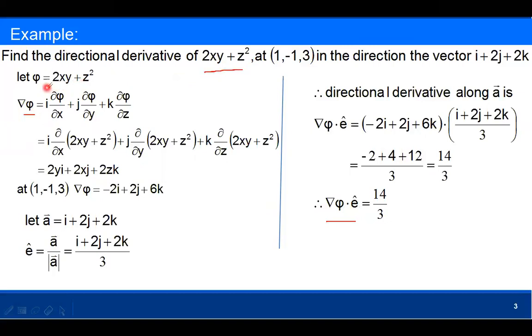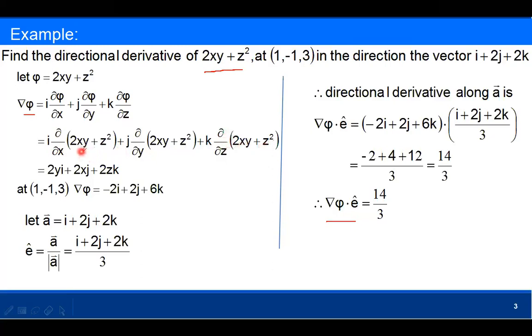So find del phi. Del phi equals i dou phi by dou x plus j dou phi by dou y plus k dou phi by dou z. So i dou by dou x of 2xy plus z square, plus j dou by dou y of 2xy plus z square, plus k dou by dou z of 2xy plus z square. Simply we are replacing phi with the given value of phi.